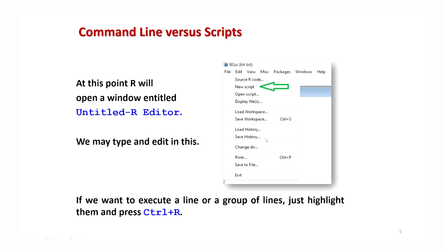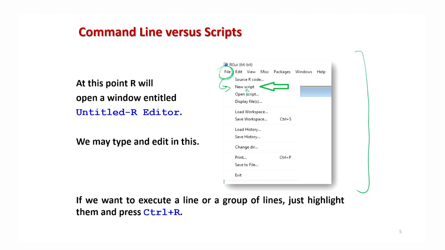For example, you can see here a screenshot: this is your RGUI window, this is your File. Now here is the command New script. If you click over here, then a new window is opened, and you can type your commands in that window. That is actually a text editor.